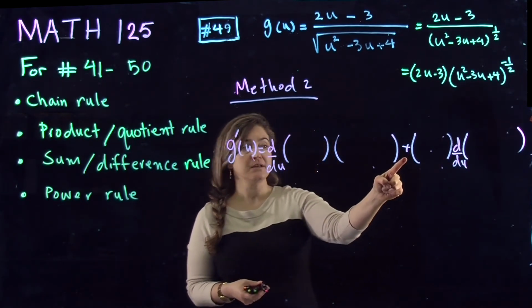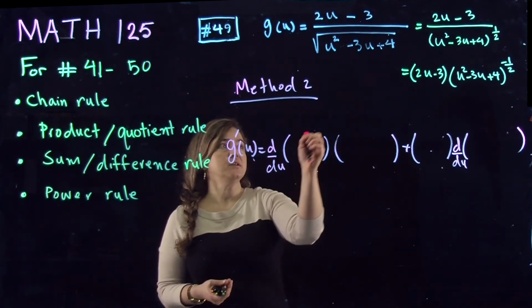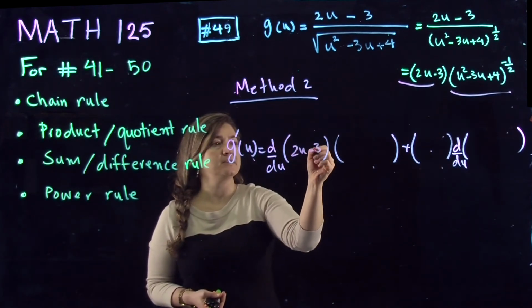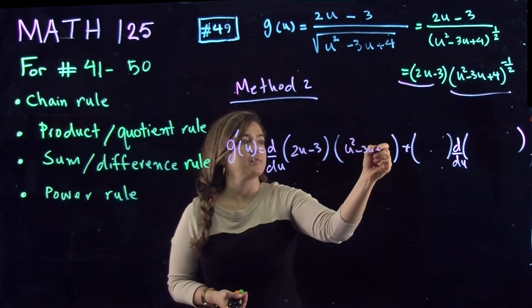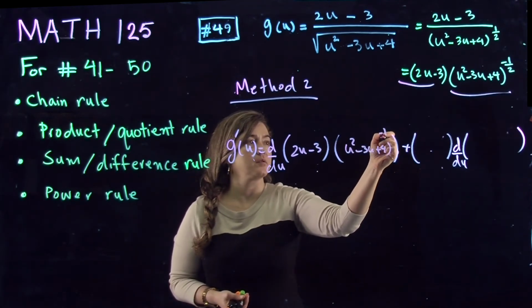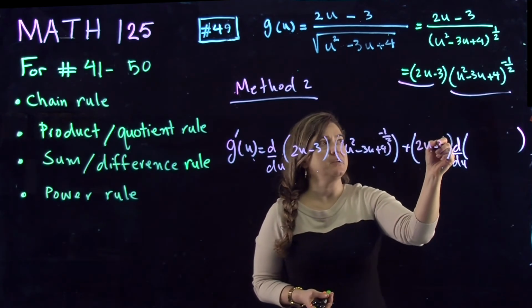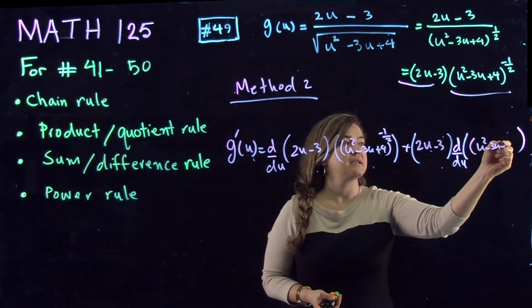And they're connecting with a plus sign. So derivative of the first one, 2u minus 3 times the second one, plus the first one times the derivative of the second one.